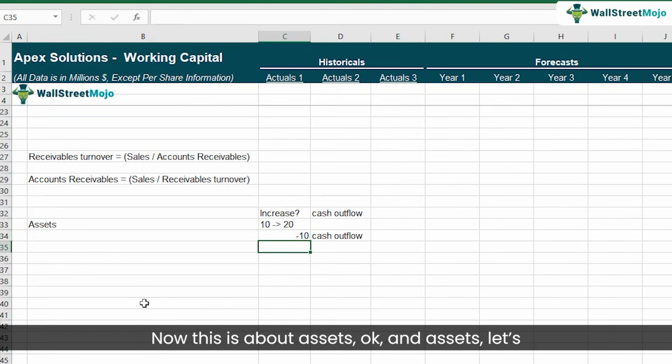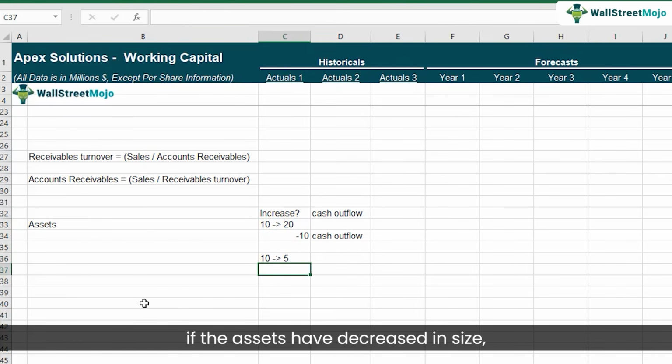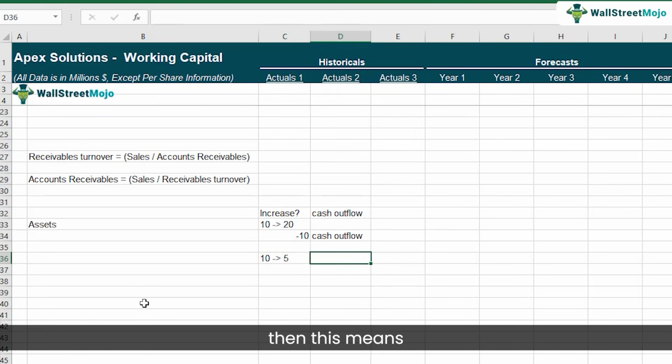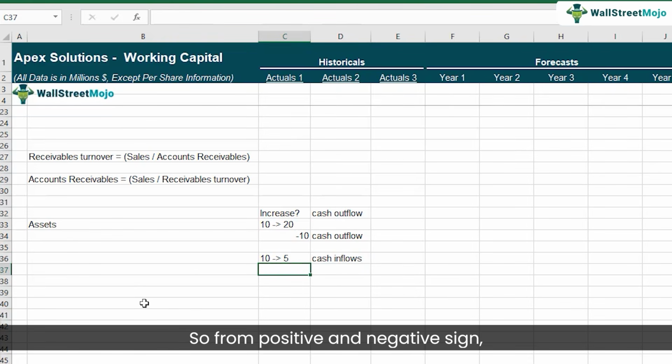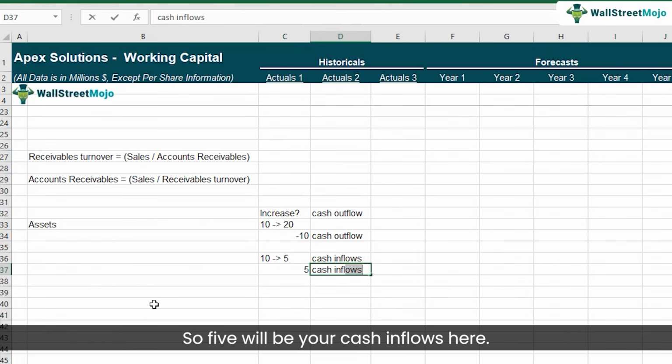And assets, let's say if they go down from 10 to, let's say, 5, what will happen? If the assets have decreased in size, intuitively think of it, you would have sold the asset. If you sold the asset, then you would receive cash inflows. So with the positive and negative sign, this will be again equal to 10 minus 5, so 5 will be your cash inflows here.